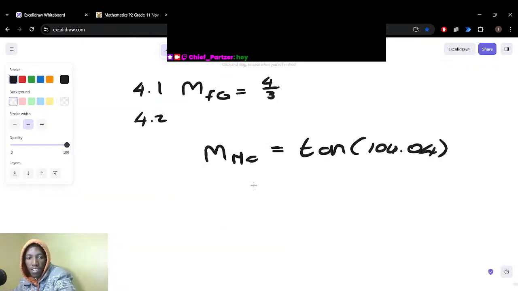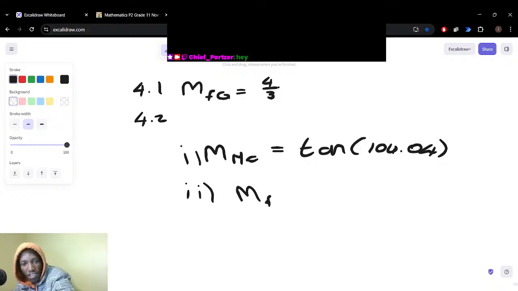This is one fact: the product of the gradient of FG and of FC is equal to -1, where product means multiplication.